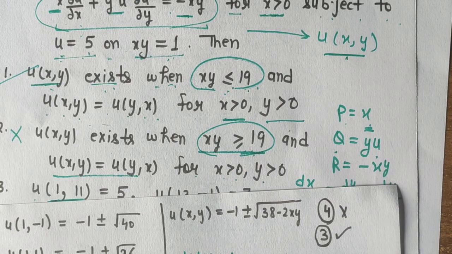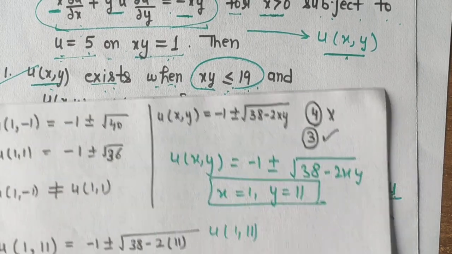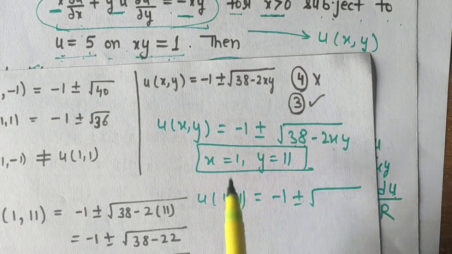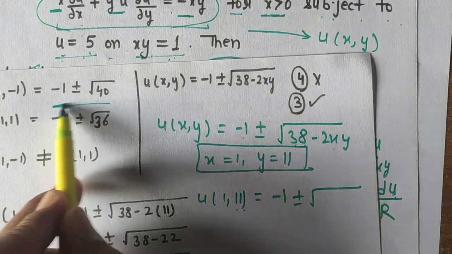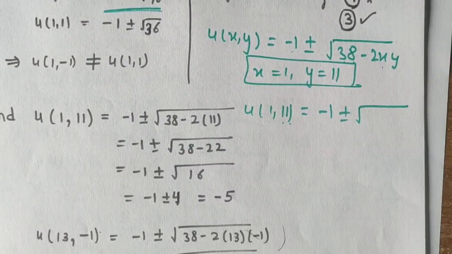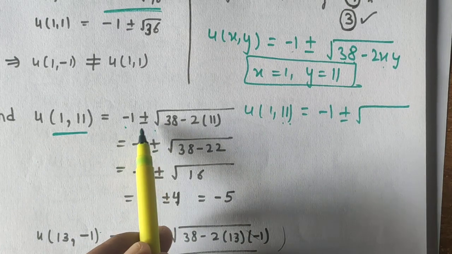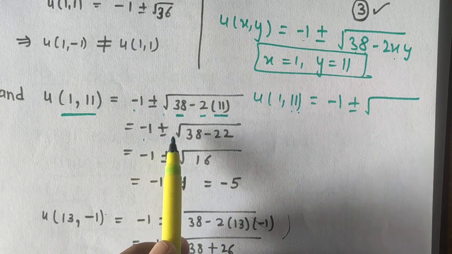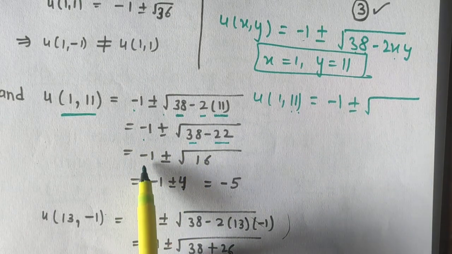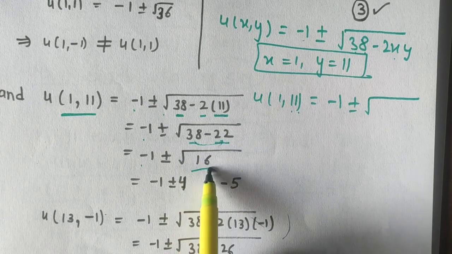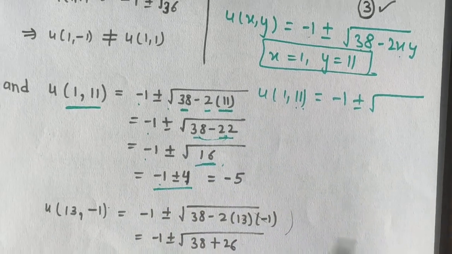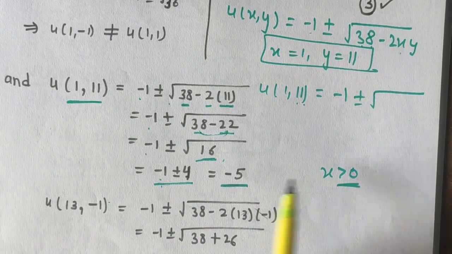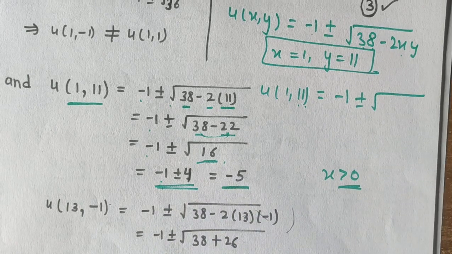So u of 1 comma 11 is equal to minus 1 plus minus square root of 38 minus 2 into 11, which becomes minus 1 plus minus square root of 38 minus 22. After subtracting this is 16, the root is 4, and this value is minus 5 because x is greater than or equal to 0.